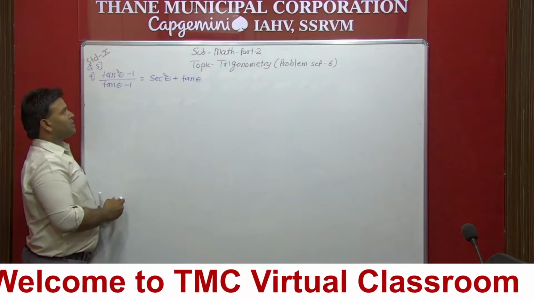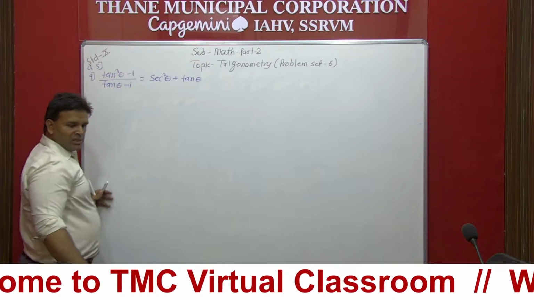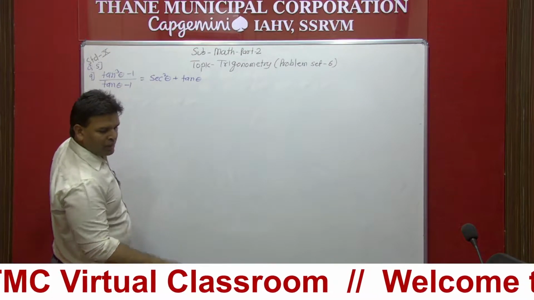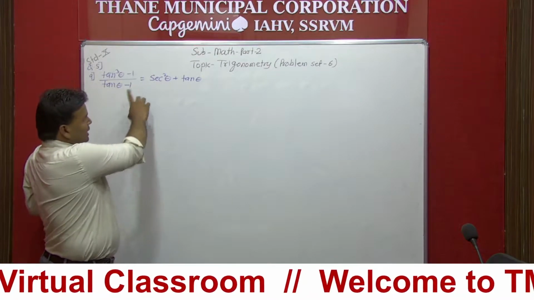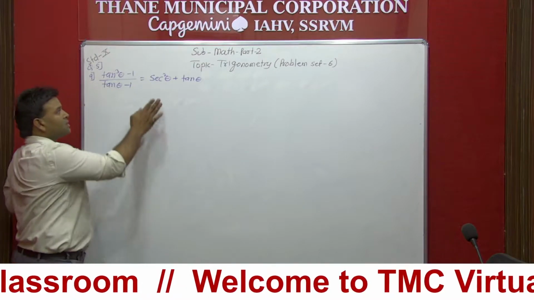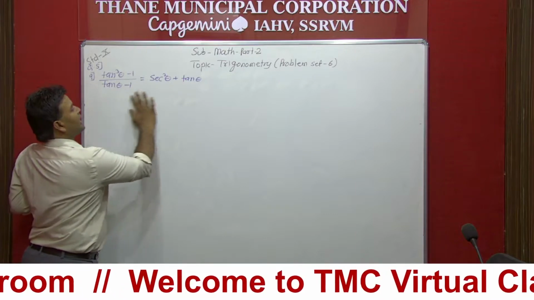Now let us check the question once again. Tan cube theta minus 1 upon tan theta minus 1 is equal to sec square theta plus tan theta. This is the question, which is very important.